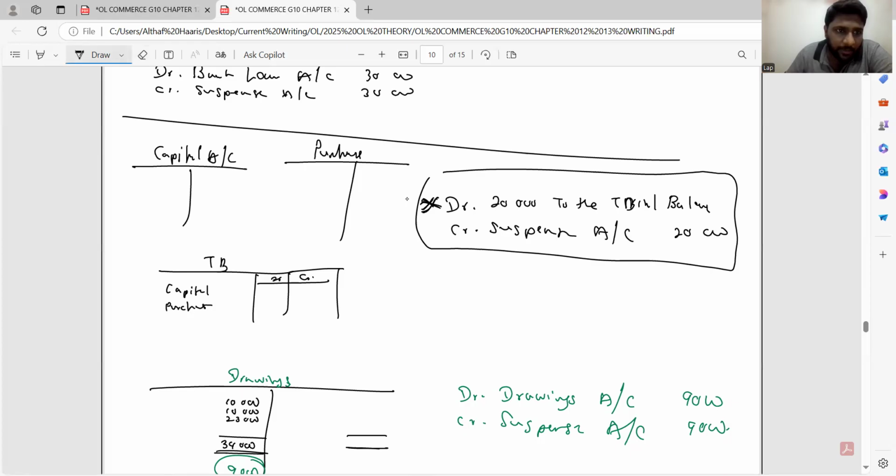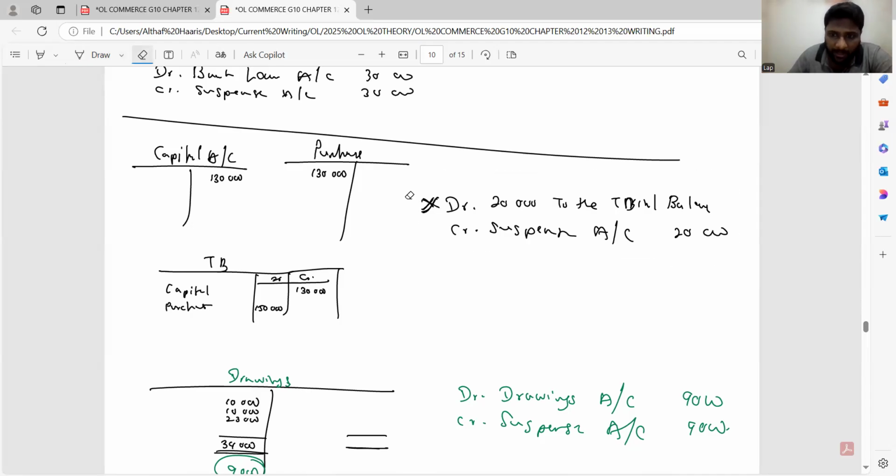The correct values are 130,000. Capital you have correctly taken 130, but purchase you have taken 150 mistakenly. So how to correct it?